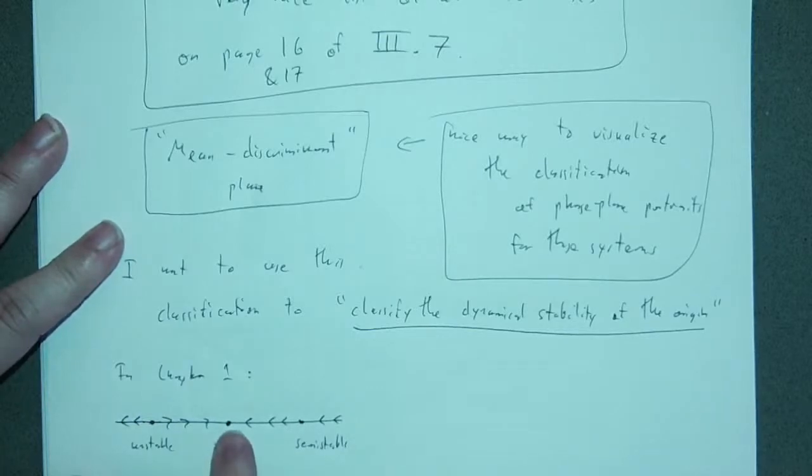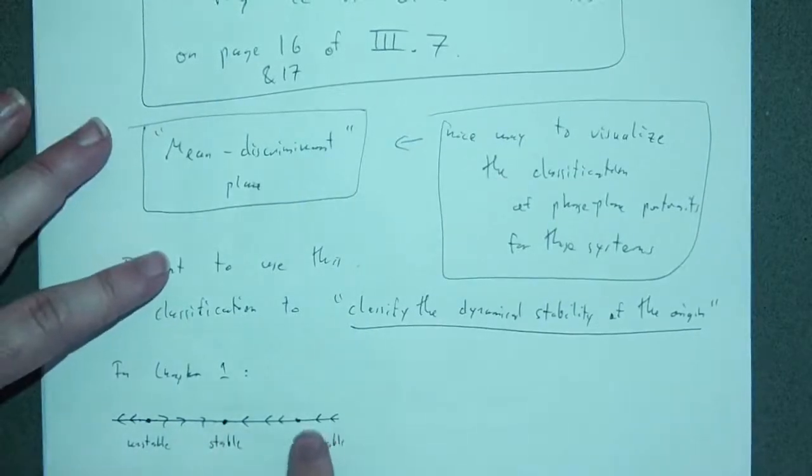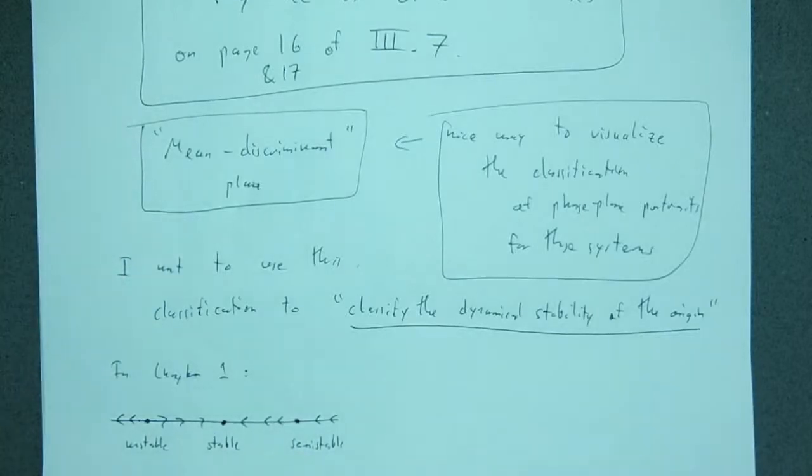Stable's the opposite. When I'm close, of course I'm being pushed towards it, but even when I'm far away, I'm being pushed towards it. But really the most important thing is when I'm close by, I'm getting pushed immediately towards this stationary point. So this is unstable, this is stable. This is semi-stable because it's stable on one side. If I'm on one side, I'm getting pushed towards it. But even if I'm very close on the other side, I'm still getting pushed away. So that's why it's semi-stable.